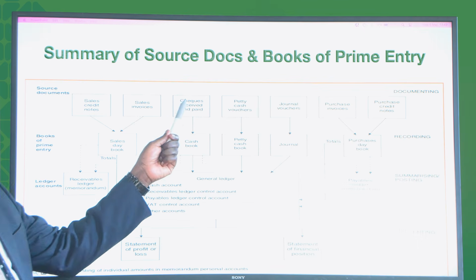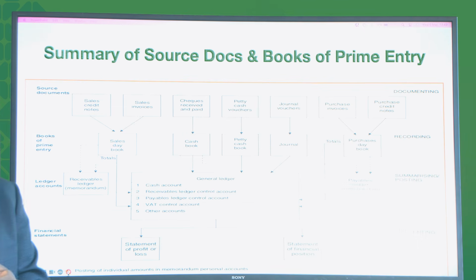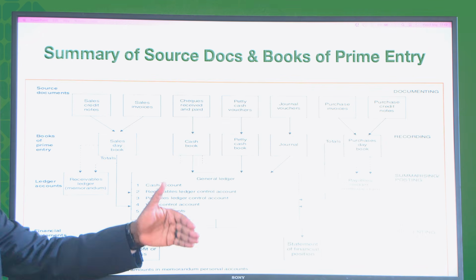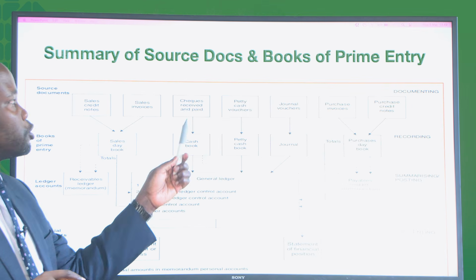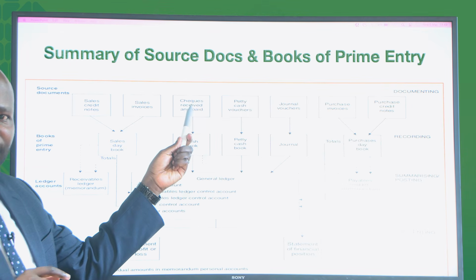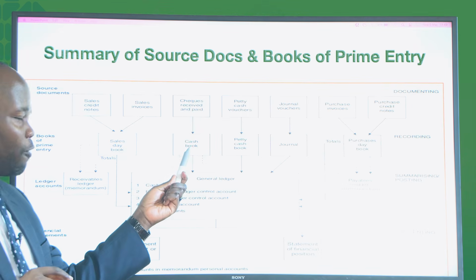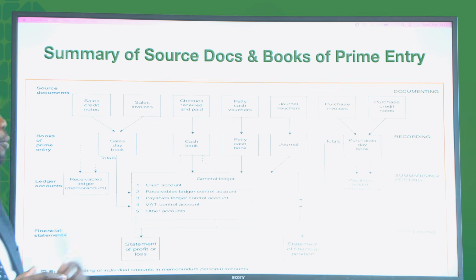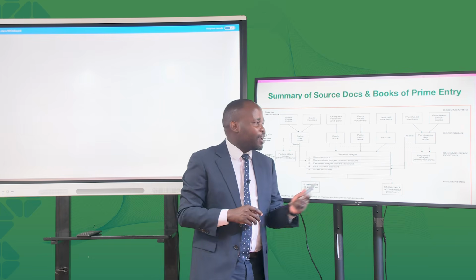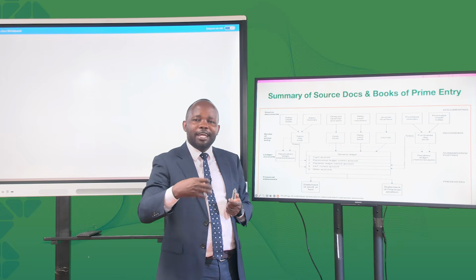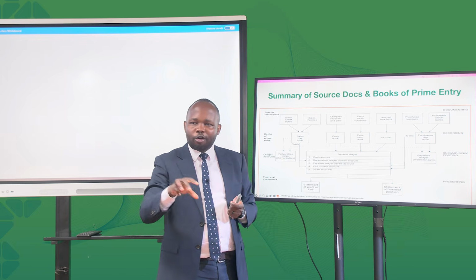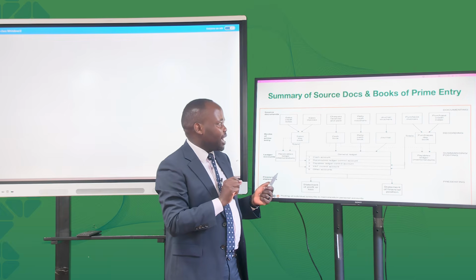Now, when we have checks received and paid, so if there are any checks received for receipts and any checks paid for payments, they are recorded in a cash book. So the source document is the check, and the book of prime entry is called the cash book. We also have petty cash vouchers, for any payments we make on a daily basis using notes and coins in the business from the cash till.